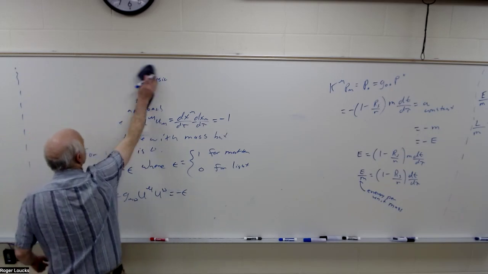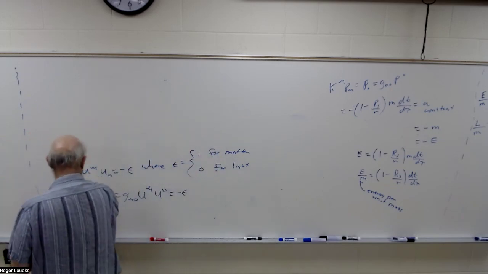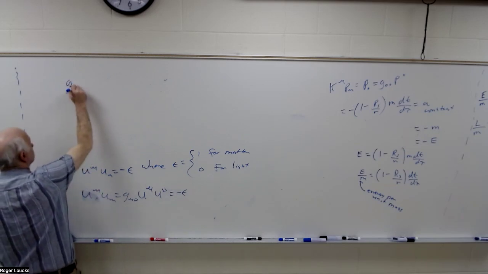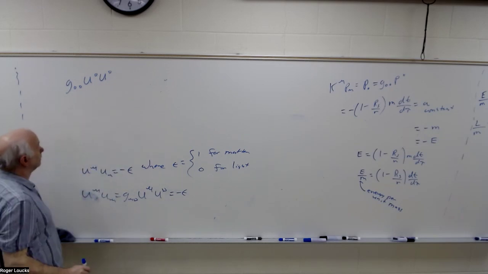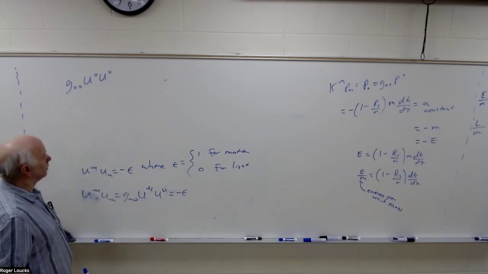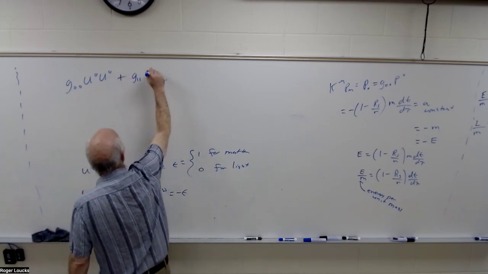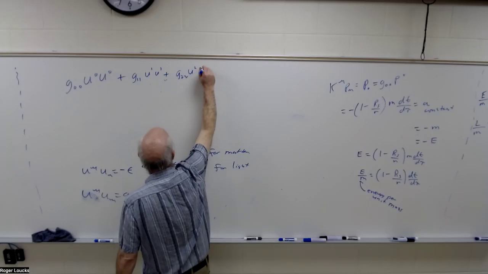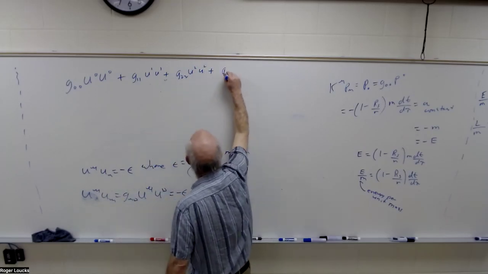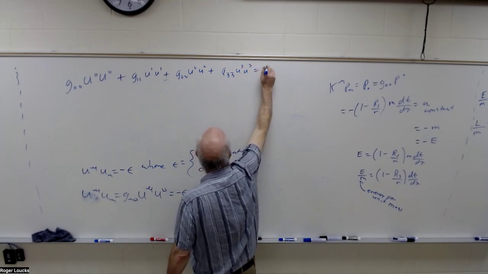So this whole thing reduces to g00 u0 u0 plus g11 u1 u1 plus g22 u2 u2 plus g33 u3 u3 equals minus epsilon.